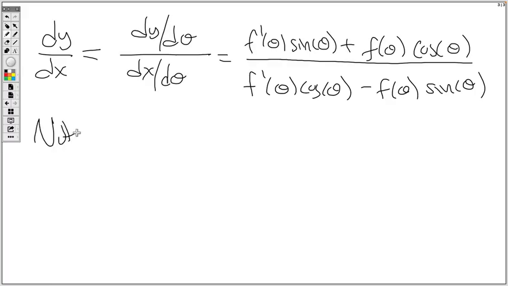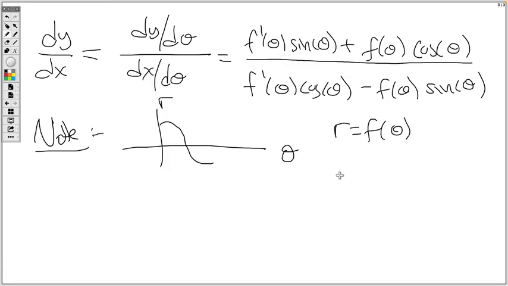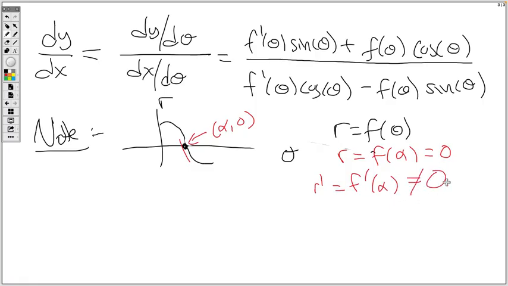There's the slope of the tangent line as a function of theta now. So one thing to note, when we were graphing these things on Thursday, let's say you're graphing this in the r theta plane, r equals f of theta, and let's say we had a point here, we'll call it alpha, so that r equals f of alpha is 0, but the derivative is not 0.